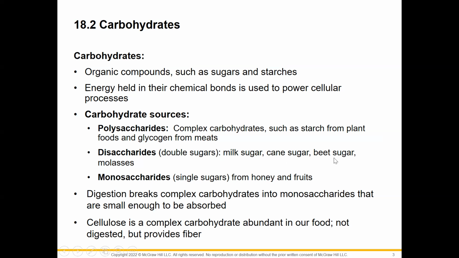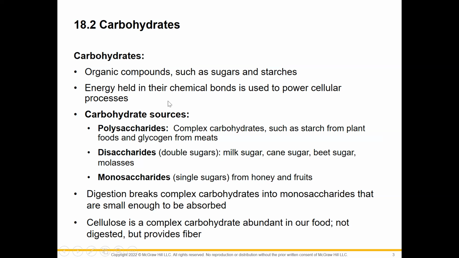I don't know if you realize how sweet beets are, but sugar producers actually used to produce a lot more sugar to be sold at the supermarket from beets instead of sugar canes. They are super sweet. And then molasses, which also has disaccharides. Your monosaccharides are your single sugars, like glucose, fructose, and so on. They come from things like honey and fruit.